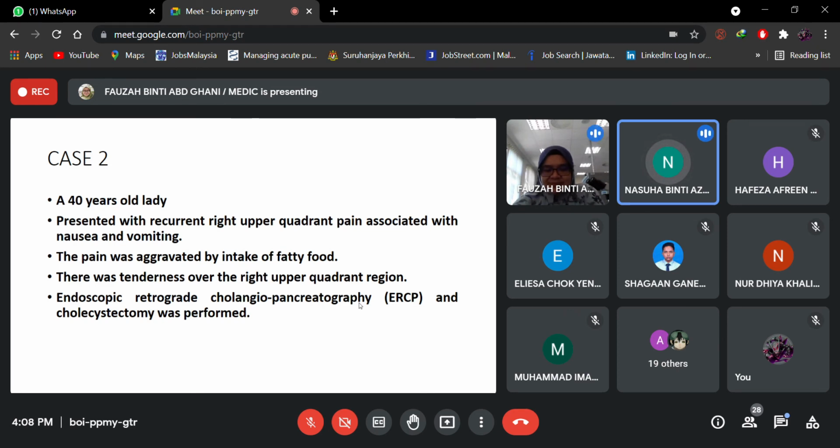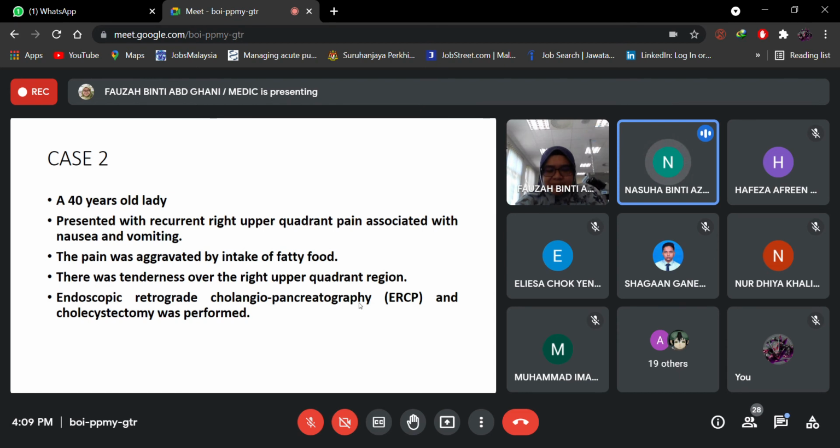Okay. When I read the question, it's like there are gallstones in the gallbladder. So we know that due to gallstones, it will cause obstruction. So it will cause cholecystitis, which is inflammation of the gallbladder. So the aggravation after fatty food intake, when we eat fatty food, the natural response by the gallbladder is to release bile.